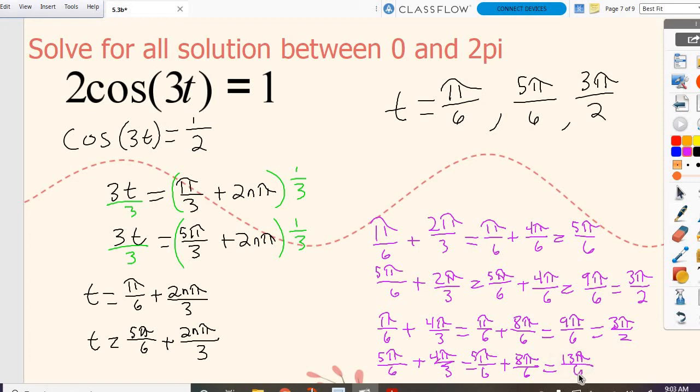And we get 13π/6. And notice that 13π/6 is going to be bigger than 2π, so we don't have to include that one either. Going back, if we plugged in a 3 now, notice that 2 times 3 gives us 6.